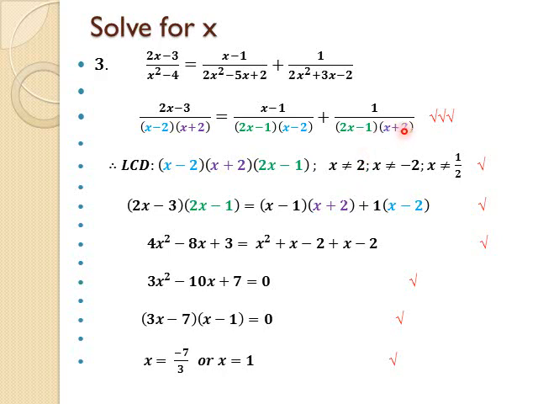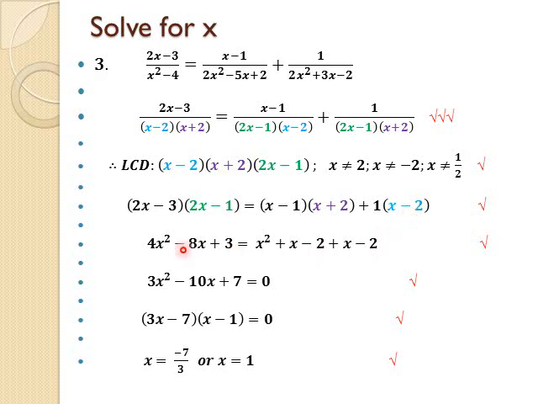They have 2x minus 1, x plus 2, so I'm short x minus 2, so that becomes 1 times x minus 2, so I got rid of the denominators. 2 times 2 gives me 4, x times x, x squared, minus 6x, minus 2x gives me minus 8x, negative 3 times negative 1 would give me positive 3. x times x, x squared, minus 1x plus 2x would give me 1x, negative 1 times 2, negative 2, and there I simply have x minus 2.